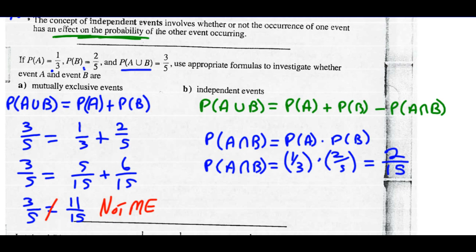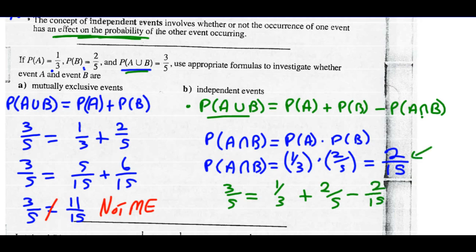Now, if that's true, then this formula should also hold up. All right, so let's substitute in that formula. We know the probability of A union B. That's 3/5. So 3/5 should equal the probability of A, 1/3, plus the probability of B, 2/5, minus the probability of A intersect B, which we just calculated, 2/15.